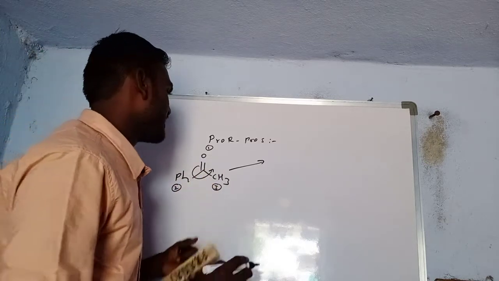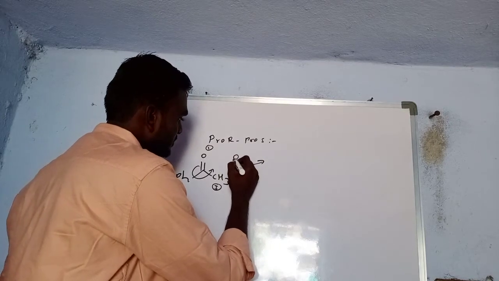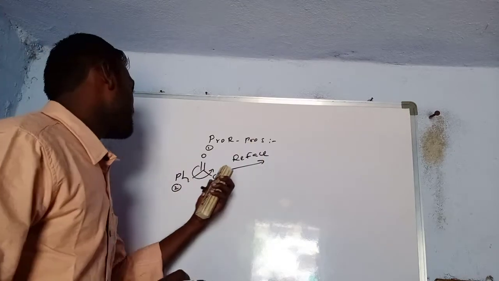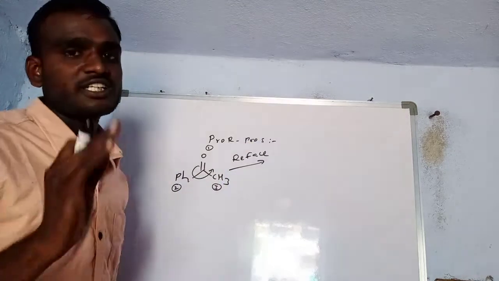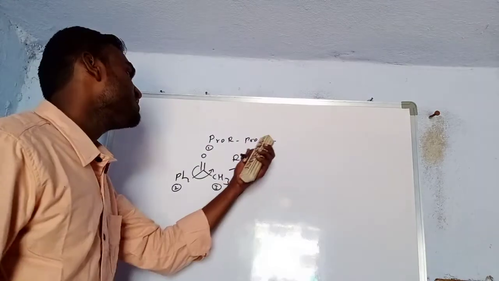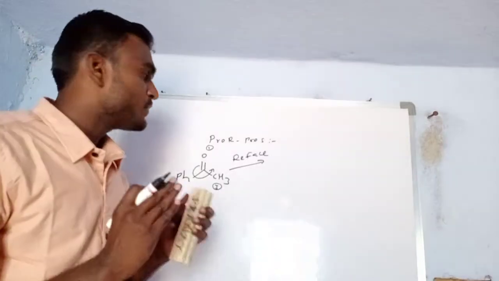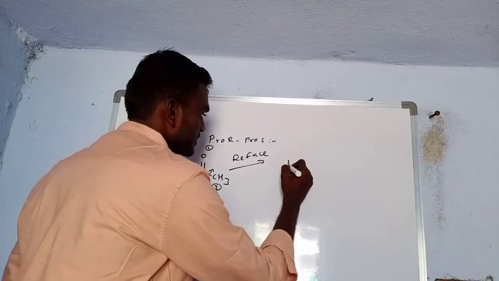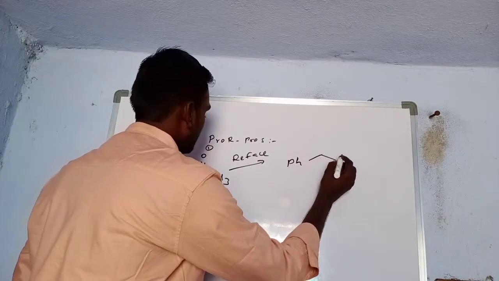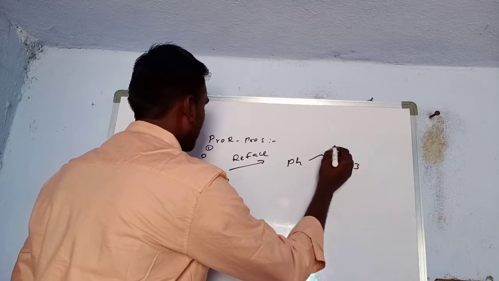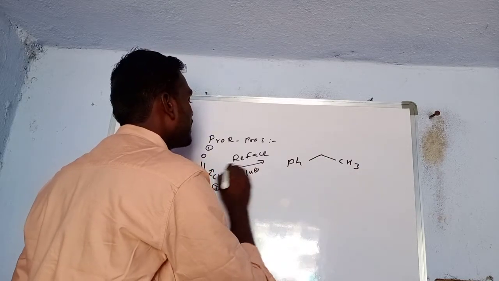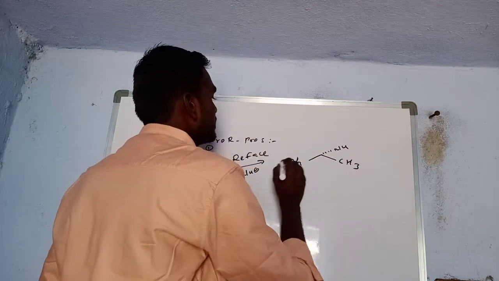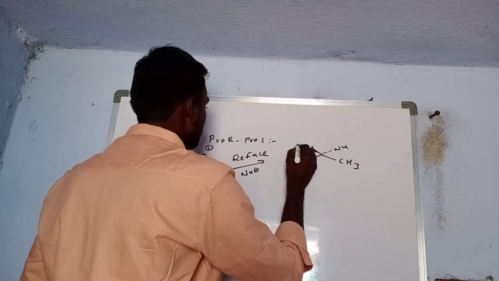Whenever the priorities are anti-clockwise, the Re face attack is the below face, meaning the nucleophile will attack from below, the dotted line. See here, CH3 on the left side, and the nucleophile attacks the Re face. So that is a nucleophile attack on the below face, and it will be OH.